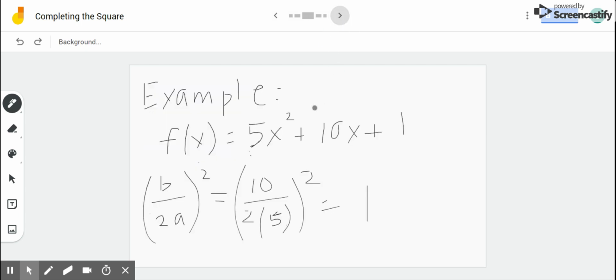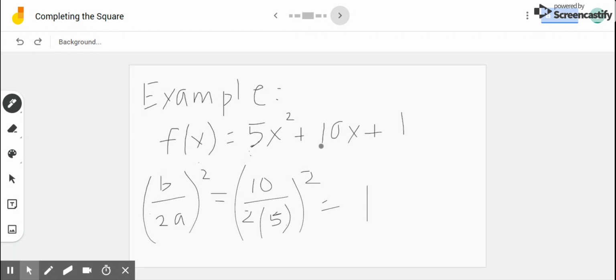So for the example I'm going to use this problem, f of x equals 5x squared plus 10x plus 1. The first step of completing the square is to take the b of this formula over 2a and square it.